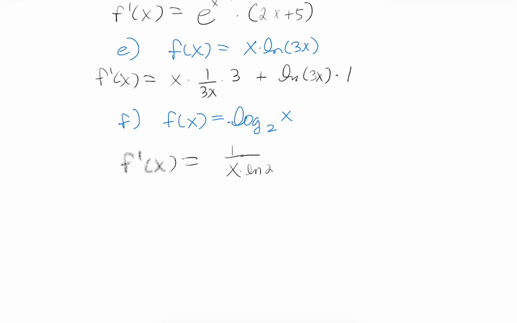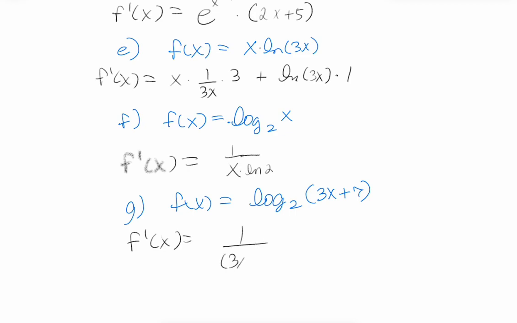So now let's do one that has a little more stuff to it. So let's say it's the log base 2 of 3x plus 7. The derivative of that is just 1 over that thing times the natural log of whatever our base is times the derivative of that thing.